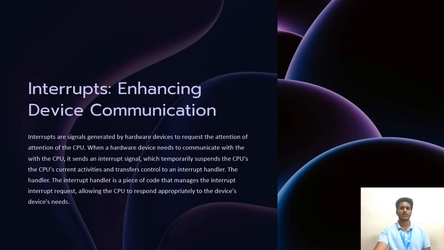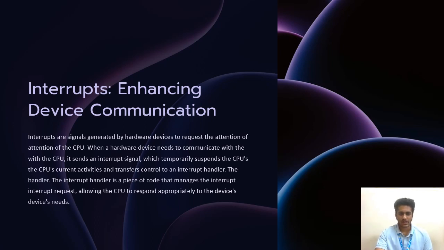So coming to the interrupts, interrupts are nothing but the signals which are generated from the peripheral devices which are connected to the central processing unit, which would otherwise be running through an infinite loop and doing nothing useful. So interrupts are signals generated by hardware devices to request the attention of the CPU.